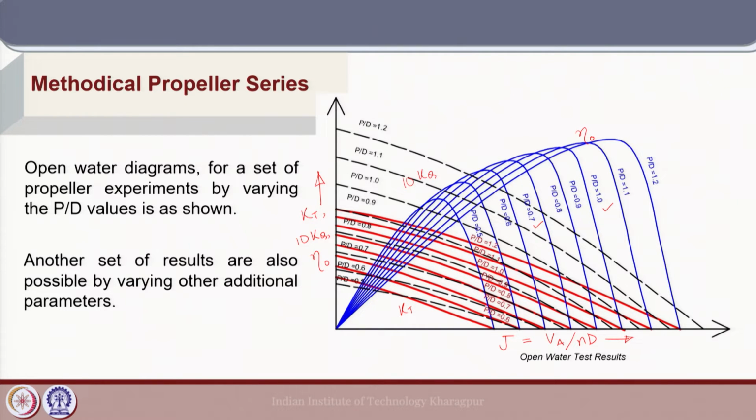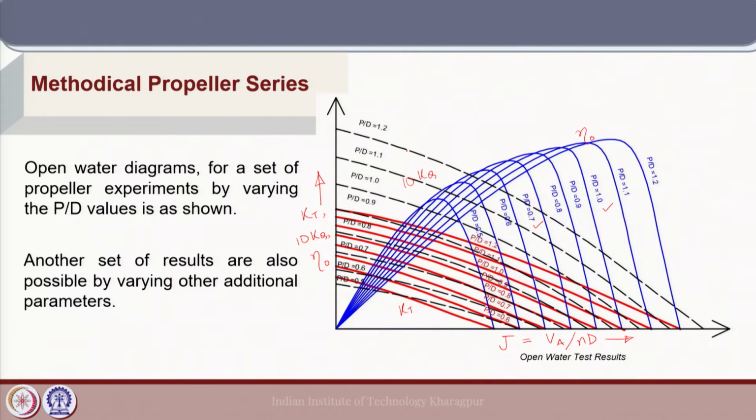First, by increasing the pitch ratio, the angle of attack of the blade section increases. If we think of the blade element diagram, the face pitch angle defined by phi is a function of the P by D ratio. As we increase the pitch, the angle of attack for the blade section will increase and the thrust and torque values will also increase.